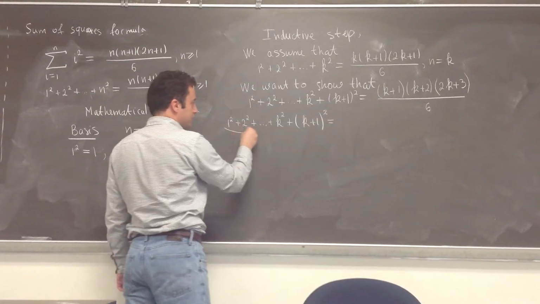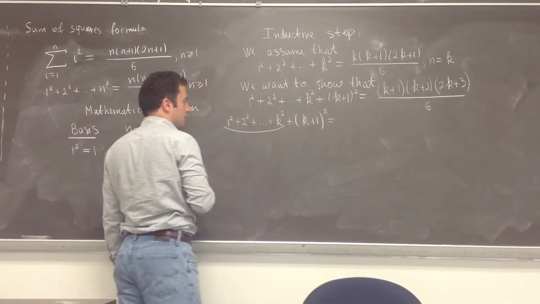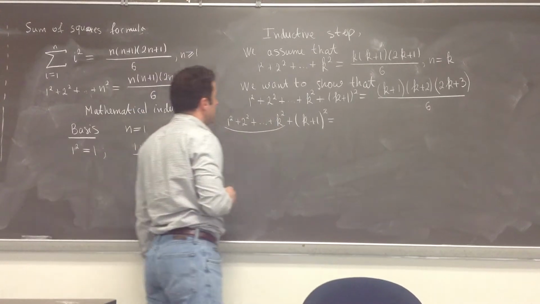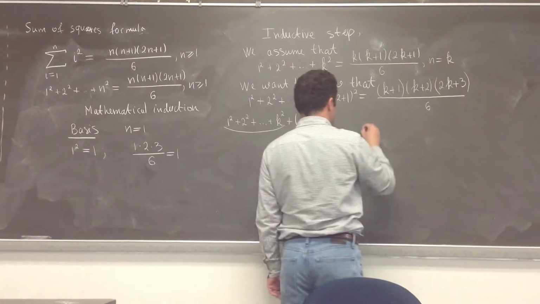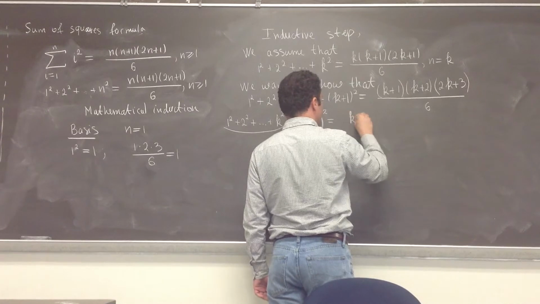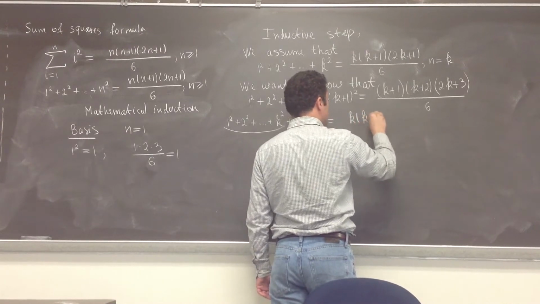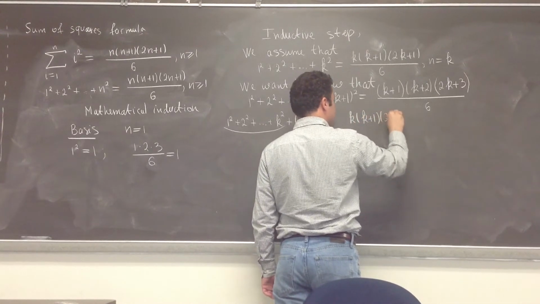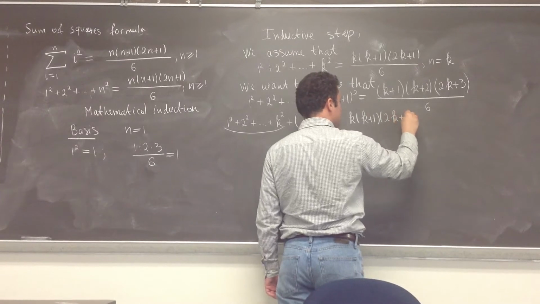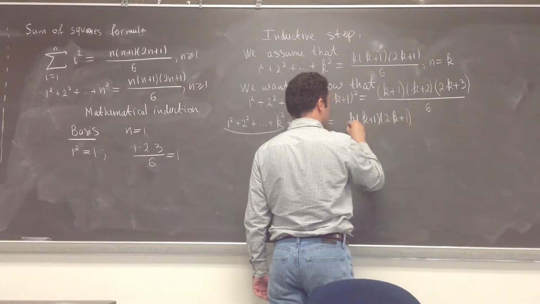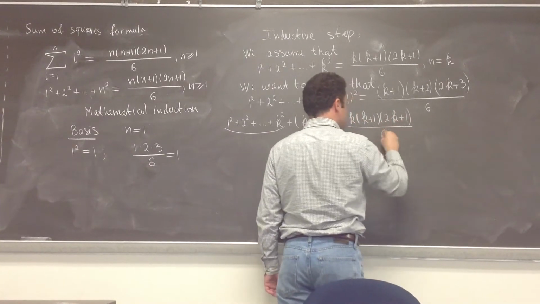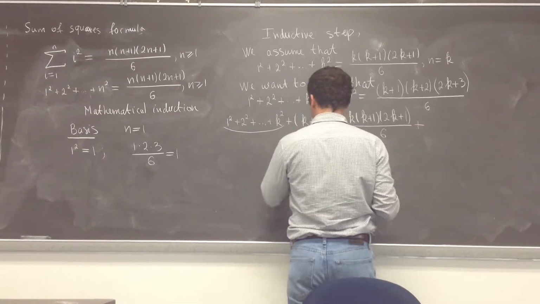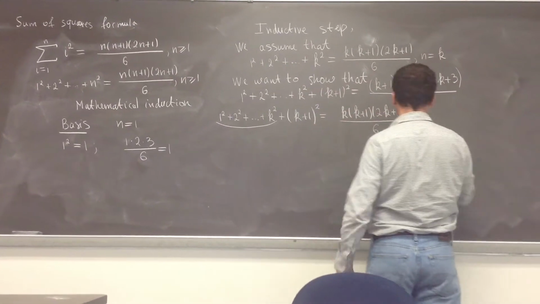So we can apply this formula for the first k terms. That means that the sum of the first k terms is equal to k times k plus 1 times 2k plus 1 over 6. And you want to add the last term, and the last term is k plus 1 squared.